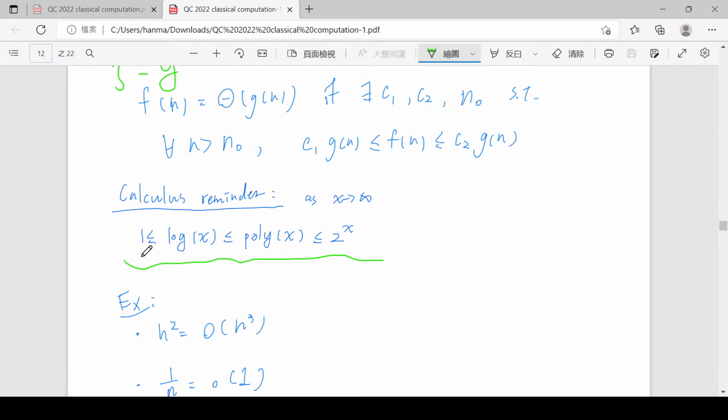The first one is constant, and it's obviously less than log of x, or sometimes we'll do polylog, some polynomial of log. And log of x is less than any polynomial of x. And then any polynomial of x is less than exponential of x.